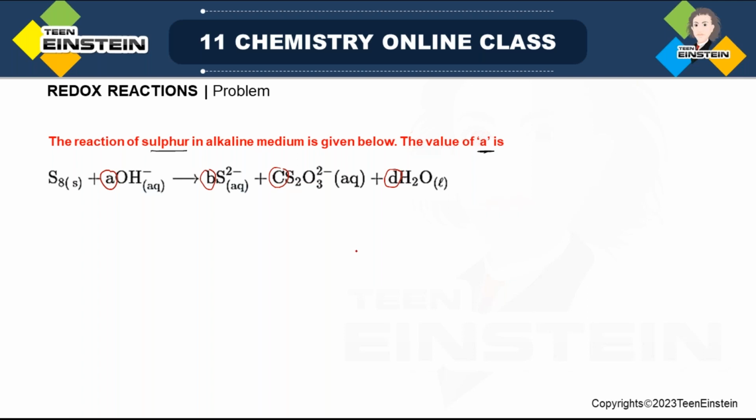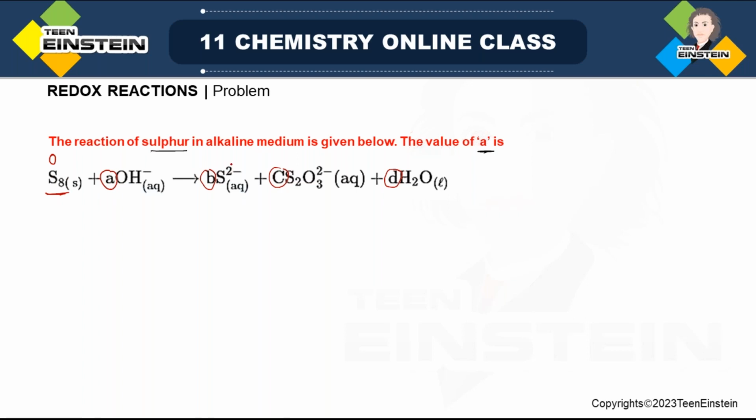But when you try to find the value of A, you have to solve it, you have to balance it. So it is not directly asking you to balance this equation, but it is indirectly asking to balance it, because to find the coefficient you have to know the balanced equation. So the first thing you will do: here S8 is the elemental state, 0 oxidation state.